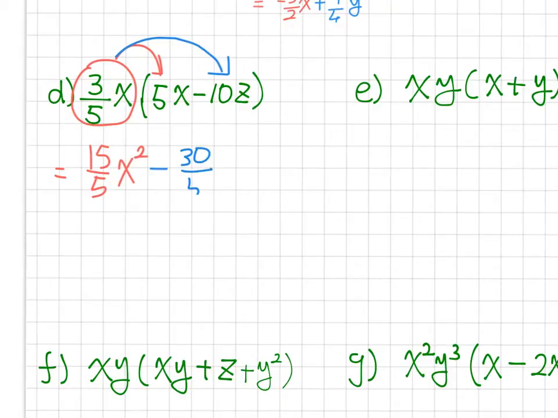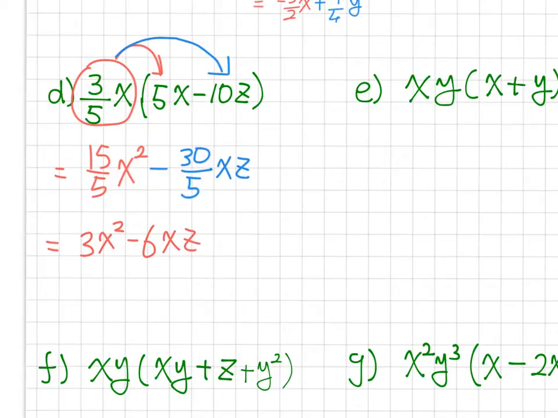And the denominator doesn't change so far. Now when you're multiplying two letters, but two different letters, then all you need to do is just put them together right beside each other. Okay? Now, since we're dealing with fractions, we have to reduce the fractions. Therefore, this becomes 3x squared minus 6xz. Okay?